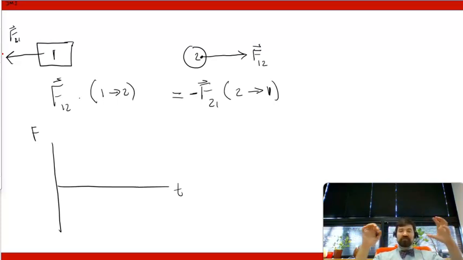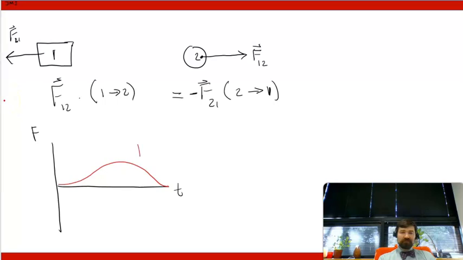Or maybe they're repelling each other because they are charged objects, which we get into in physics 2 a bit more. Whatever it is, maybe the force between them looks like this. So maybe this is the shape of the force as a function of time. And this could be the force of object 1 acting on object 2.